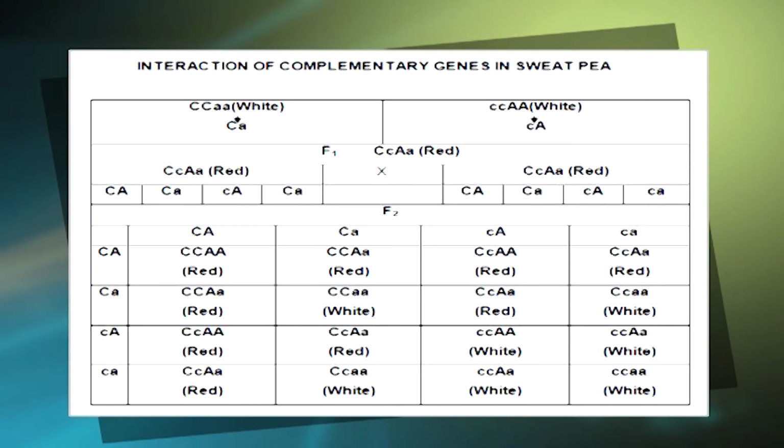From the above experiment, it is to be noted that red flowered sweet pea plants with both complementary genes capital C and capital A were in 9 progeny, whereas white flowered sweet pea plants in which either of the complementary genes capital C or capital A is present are 7 in number.